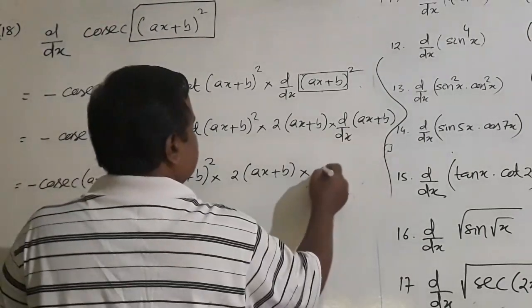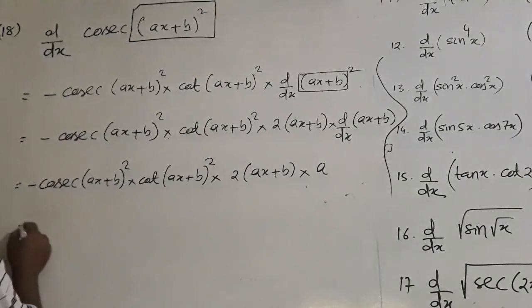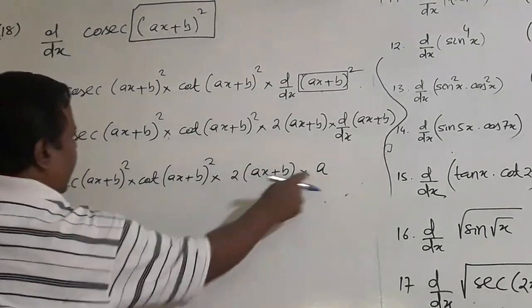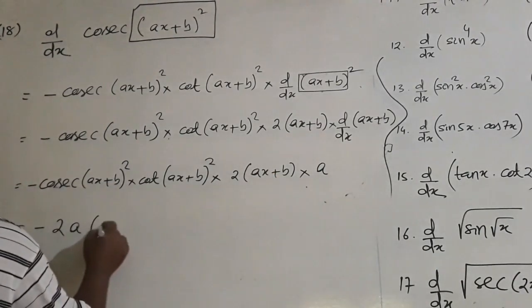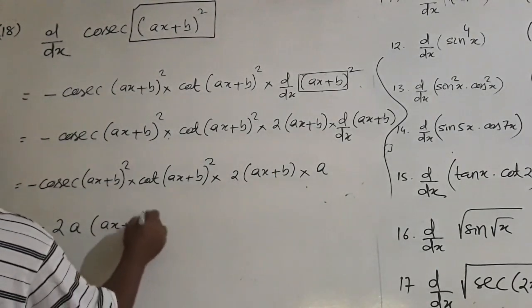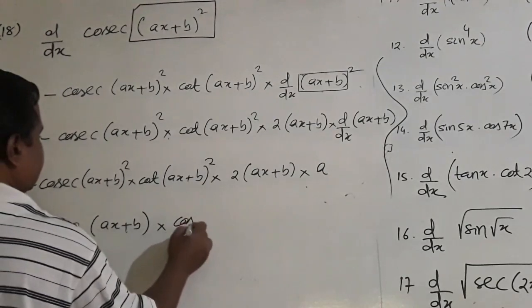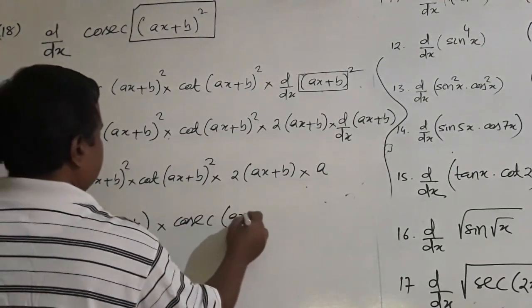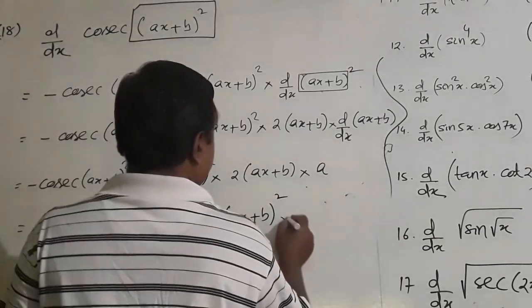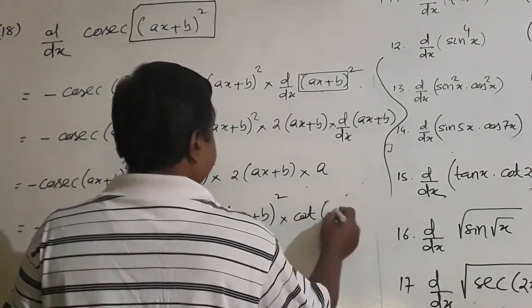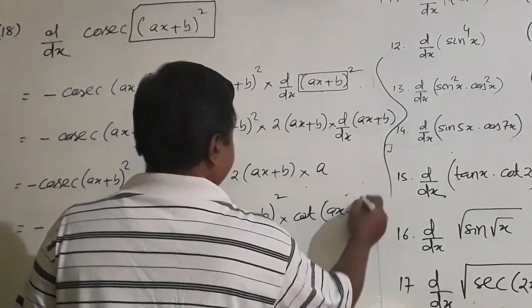So the final answer is, arranging it, 2a constants come to the front, then ax plus b into cosec ax plus b whole square into cot ax plus b whole square. Okay.